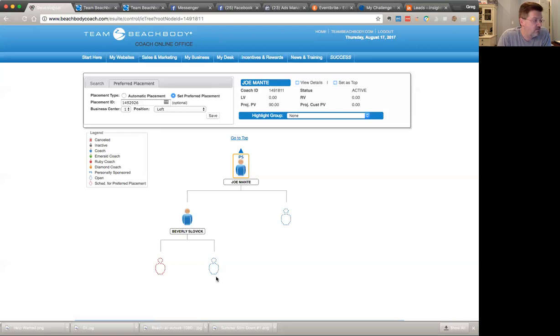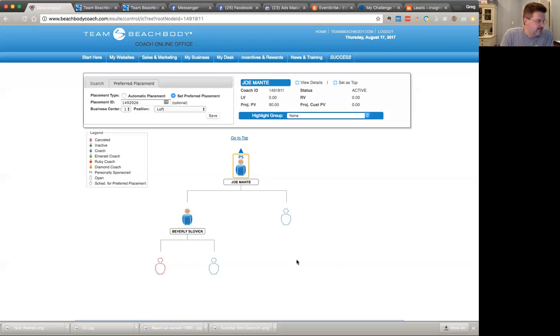So if you want to place a coach on your strong leg, it should always go to the far bottom left, or always go to the far bottom right, on your other leg. So think deep and wide. Okay. So always place coaches on your far bottom left, all the way bottom left, or all the way bottom right. Okay. That's the rule of thumb.